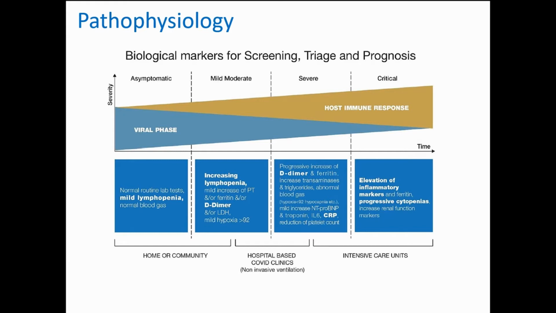For example, we have seen patients that start showing elevated CRP in this area rather than this area, or elevation of D-dimer in this area. So it all depends on the individual immune response, but also what the comorbid condition or conditions are.